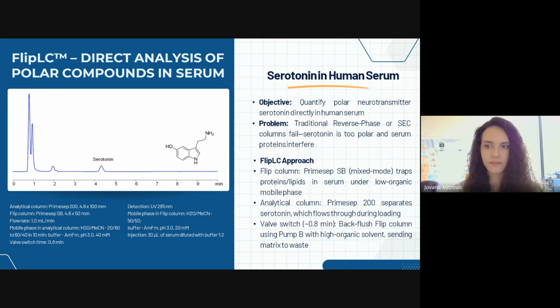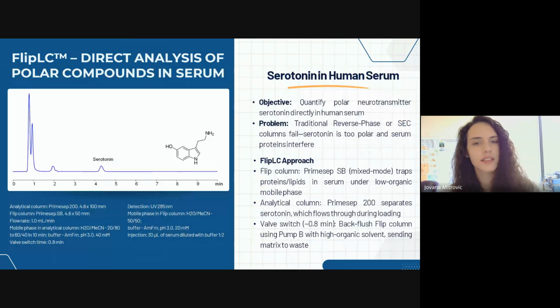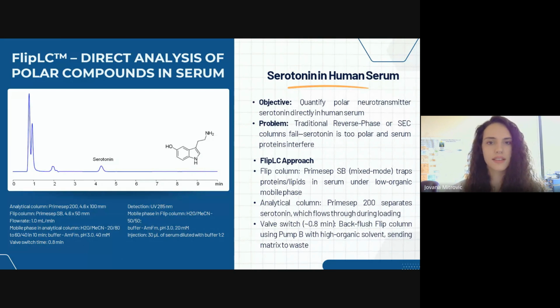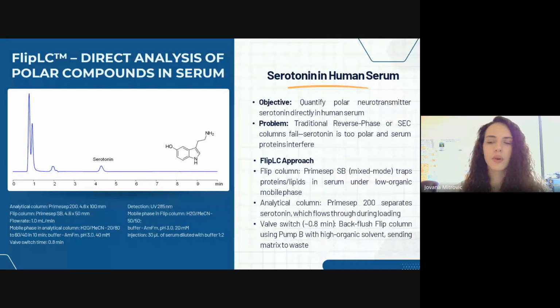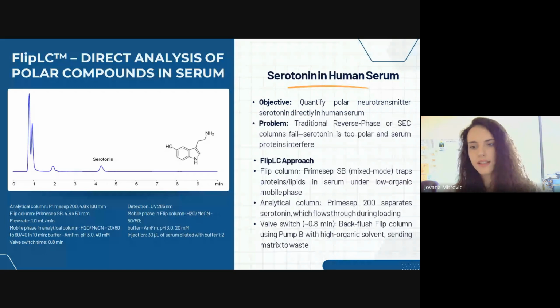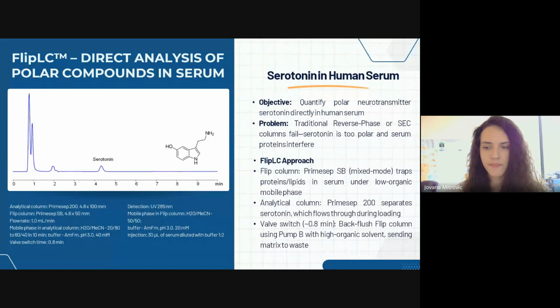And here is how. First, the sample we used is just diluted serum. It is injected and enters the flip column, which in this case is PRIMESEP-SB with mixed mode functionality, containing reverse phase plus embedded positive charge. The mobile phase at this stage is low in organic content, allowing the flip column to trap serum proteins and hydrophobic interferences.